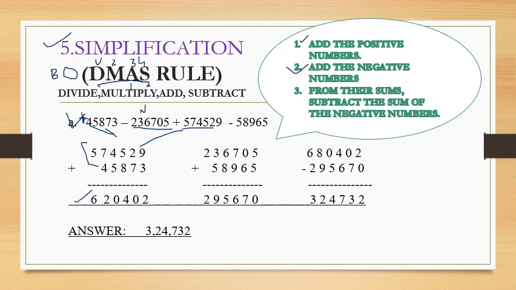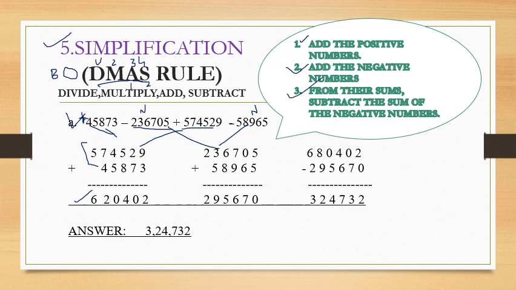Now coming to the fourth, here also you can see a negative number. So these two are negative. You will add these two numbers and you will get the answer 2,95,670. Now after adding the positive and the negative numbers, what do we have to do with these two? Let's see the third step.